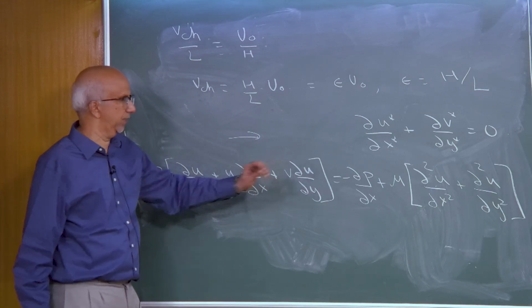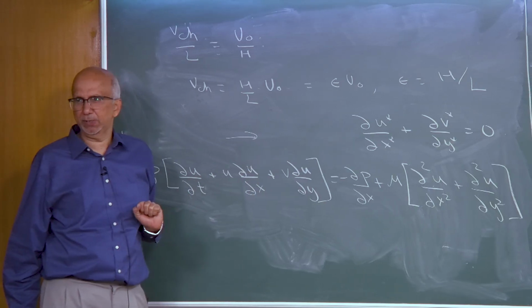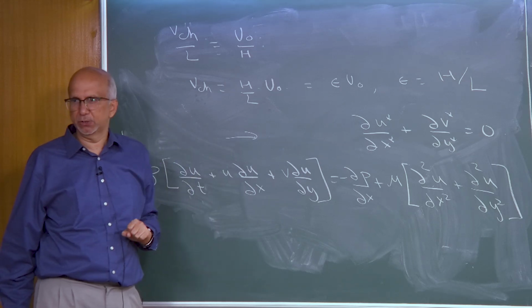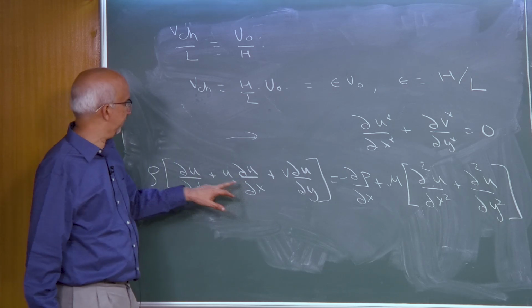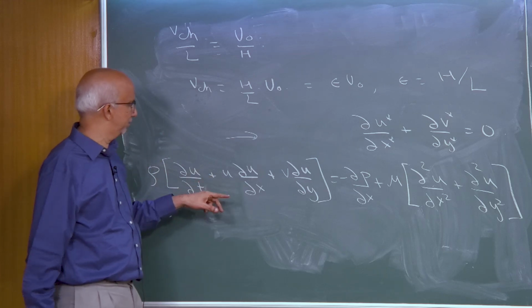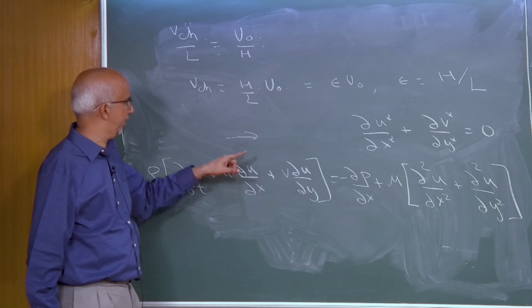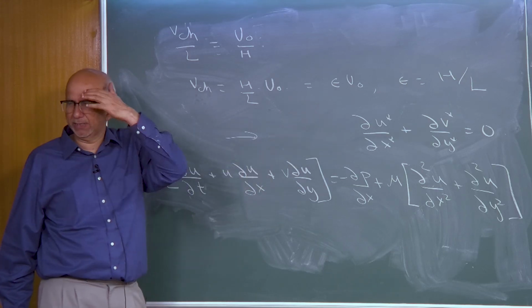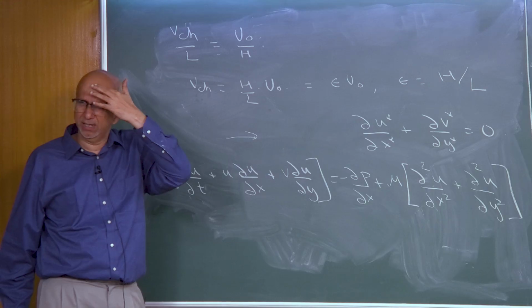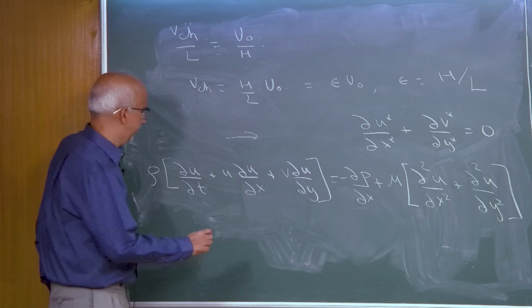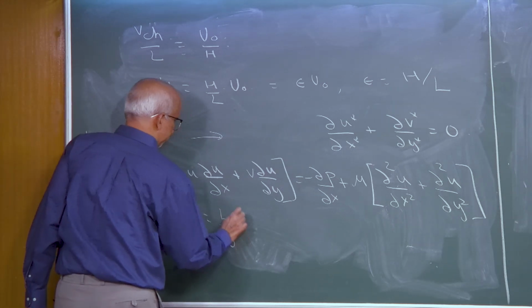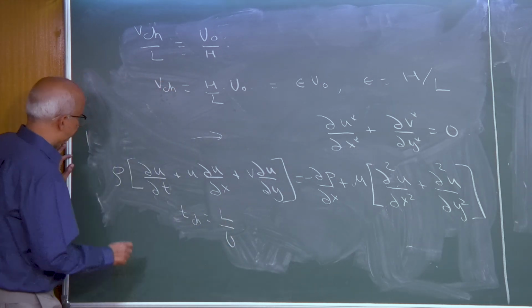So this is the x momentum equation. I am going to make this dimensionless now using the characteristic scales for x and y and u and v that we already obtained. Time I will just make dimensionless using L by u. T characteristic is L by u.